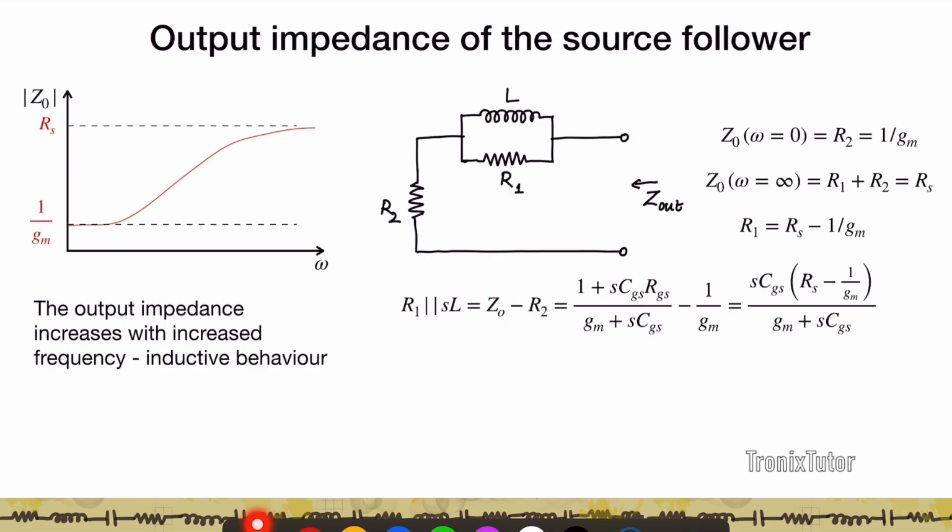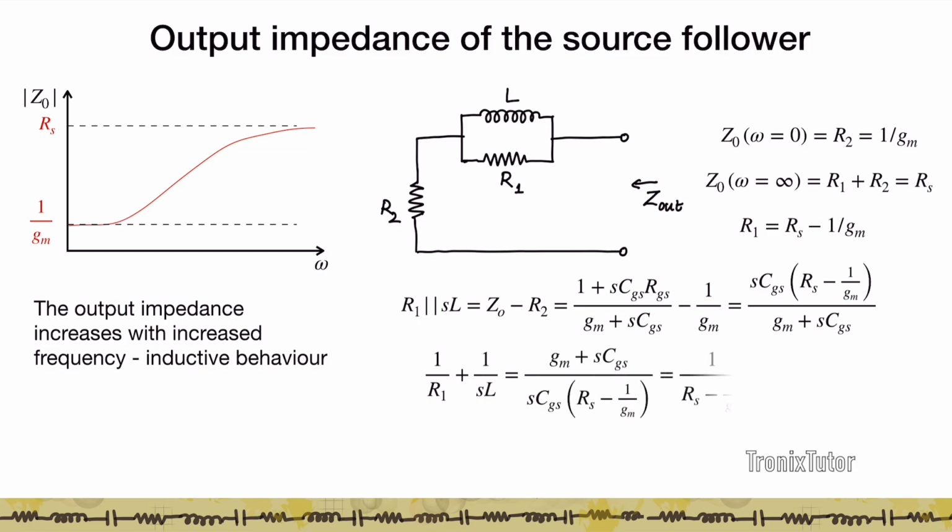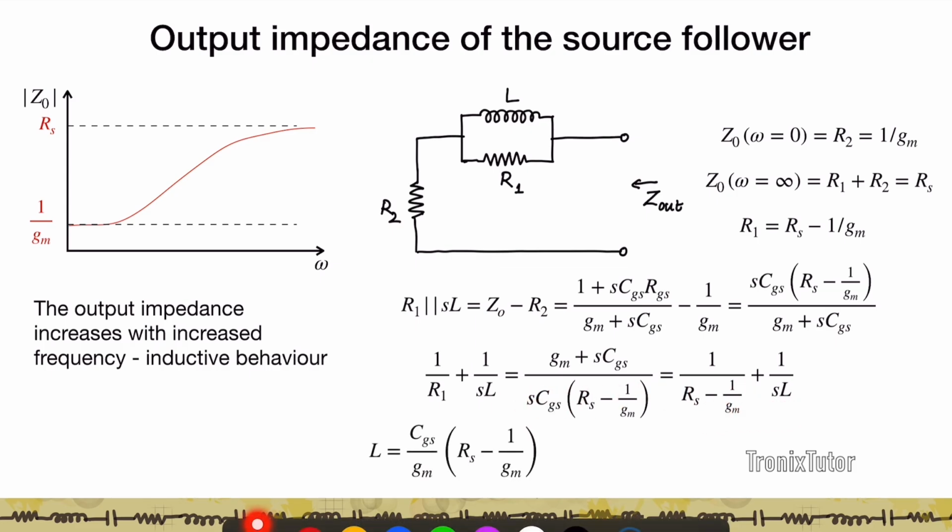And this Z0 we just calculated is given by (1 plus sCGS RS) by this. R2 we said is 1/gm, right, which falls in this format. And so therefore if I say 1/R1 plus 1/sL, which, if I take the reciprocals of both the left hand and right hand sides, I get this expression, from which I get the effective inductance of this circuit. So remember, this is simulating an inductance.